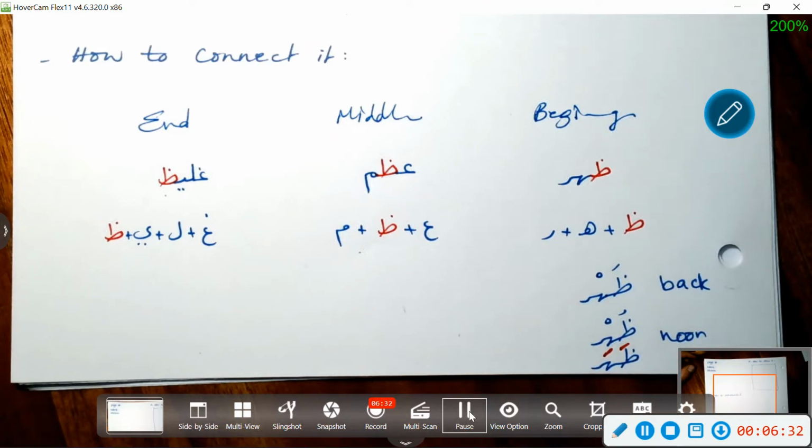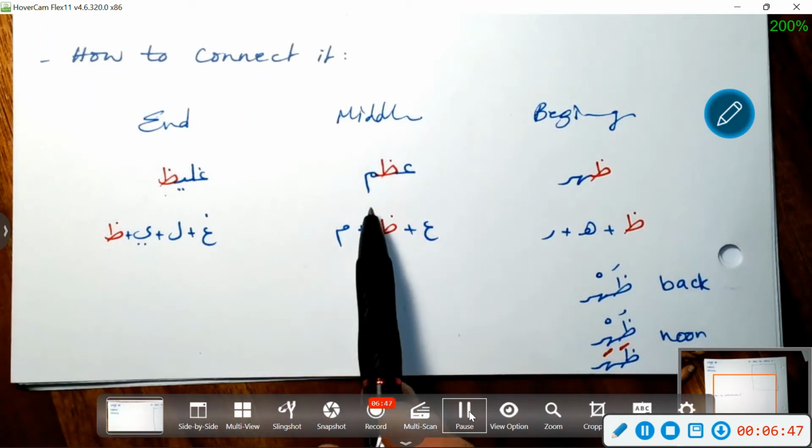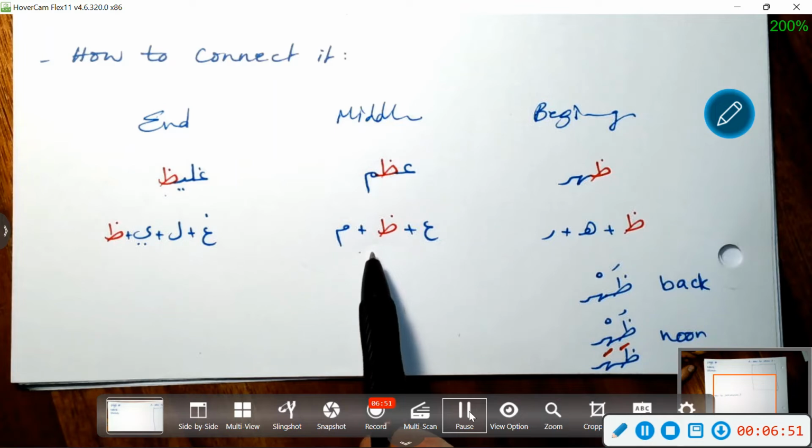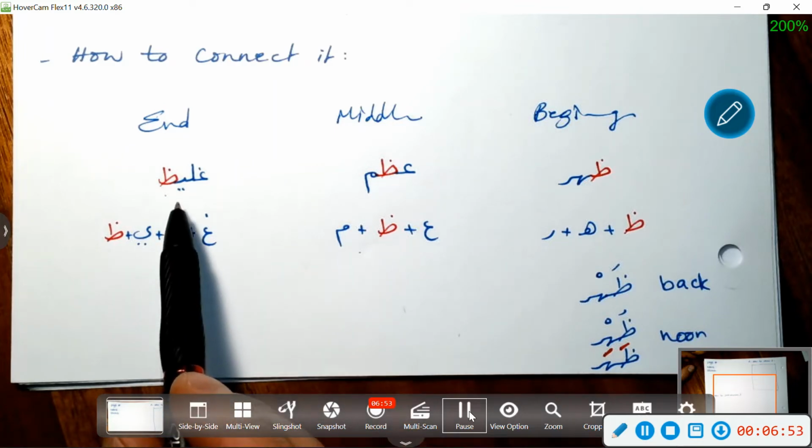So changing any haraka changes the word and changes the meaning of the word. So that's a completely different word. Adam means a bone. Ghalid means thick.